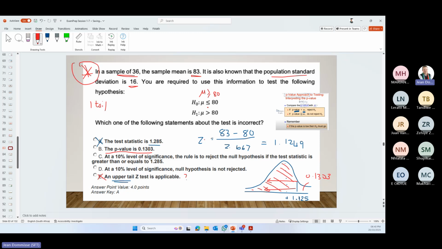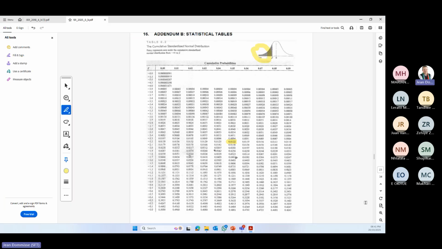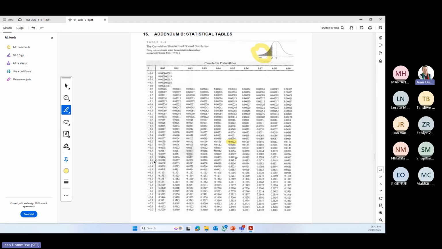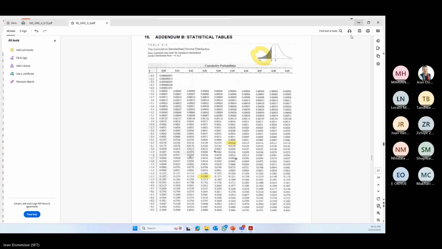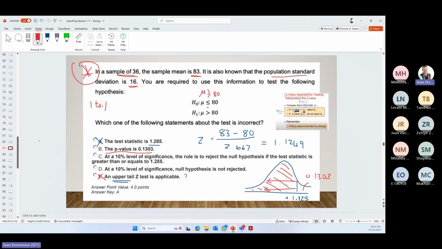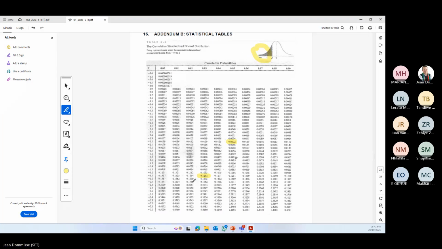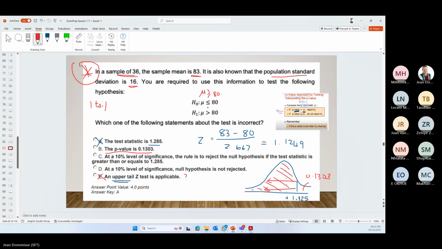So let's just check the p-value. I would have gone to 1.13 and used that one, but let's say it was the other side, minus 1.13. Yeah, okay, no, this one is really not working out.